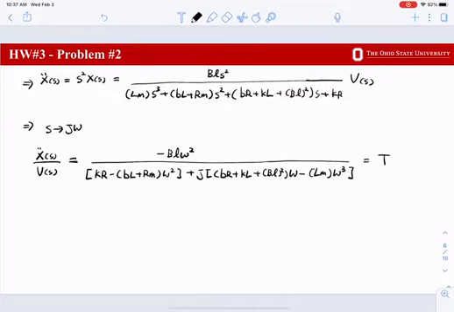So this is our transfer function in the frequency domain.